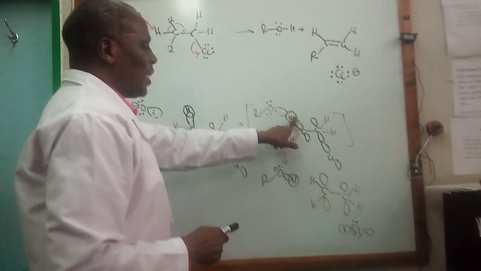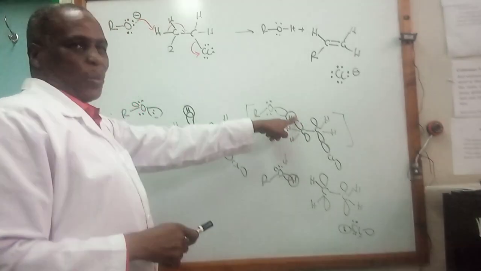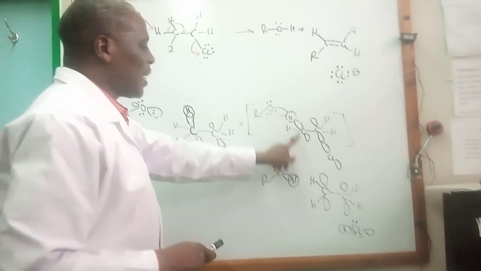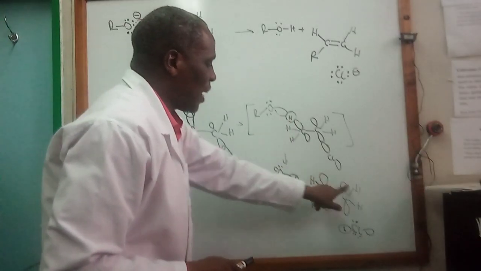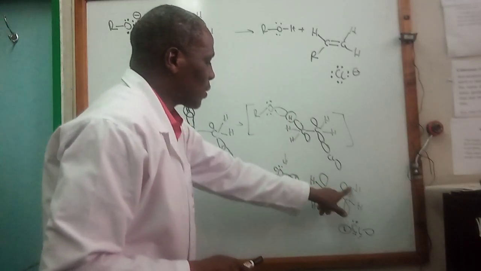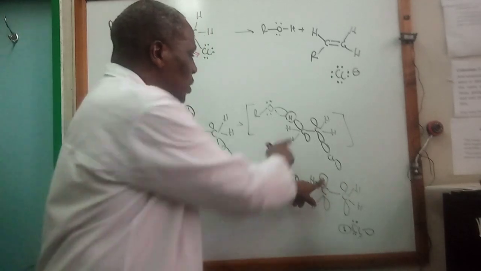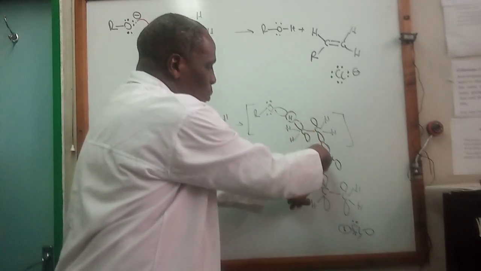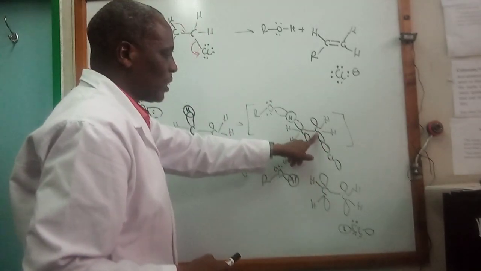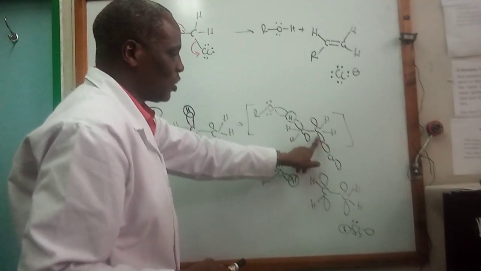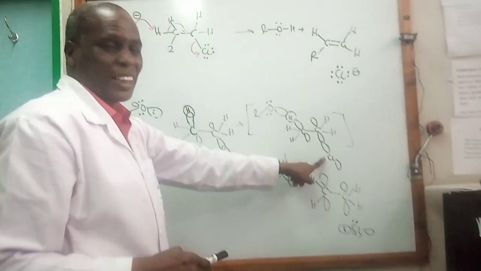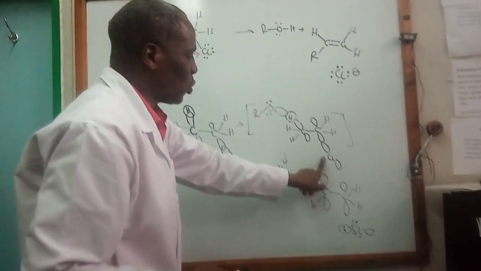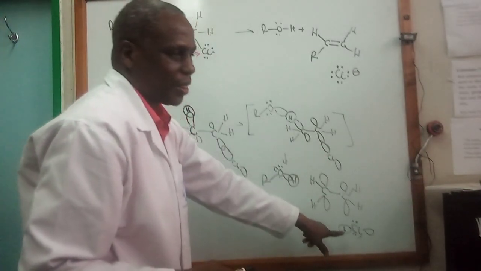The hydrogen went off without electrons, so those electrons are going to be left on this orbital. And the bond between your carbon and chlorine is going to break, it's going to detach. So this chlorine is going to go with its two electrons.